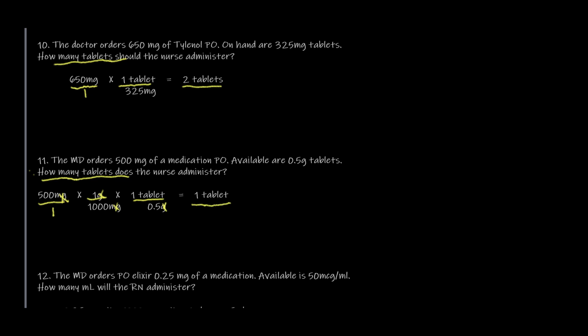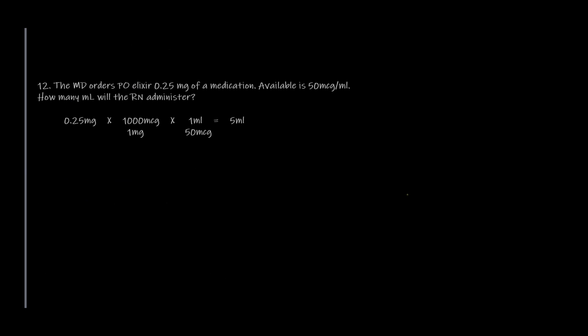Problem number 12. The MD orders PO Elixir 0.25 milligrams of a medication. Available is 50 mics per ml. How many mLs will the RN administer? So we see the difference in units presented in our problem, and right away we know we're going to have to use a conversion factor.